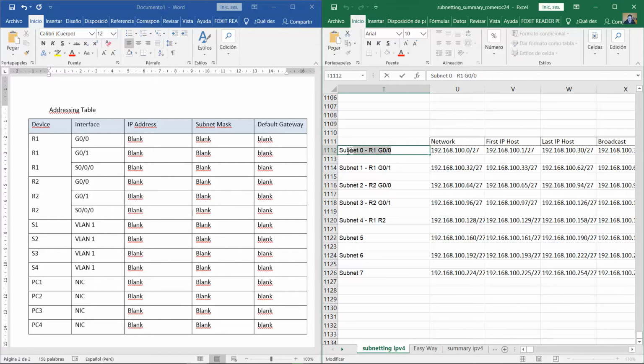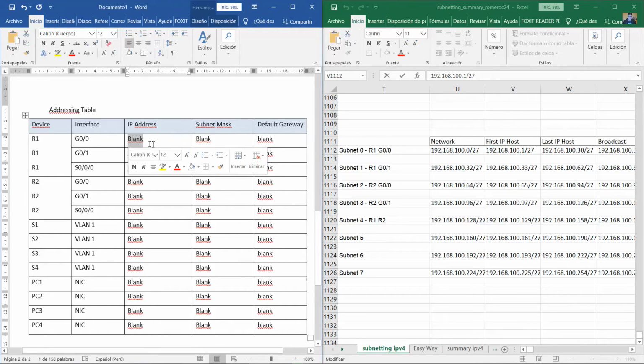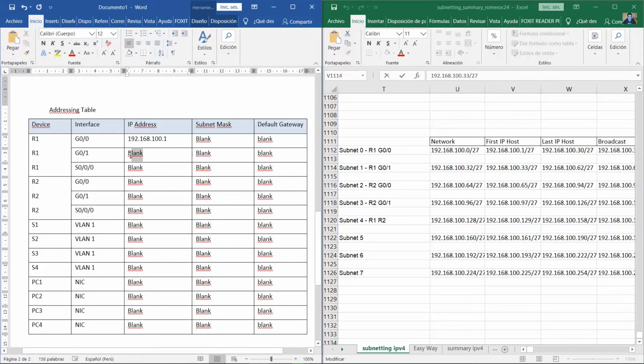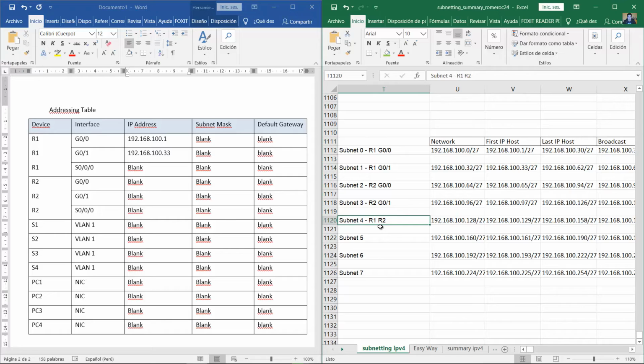Okay, for subnet 0, first IP is this, R1. Gigabit 0/1, subnet 1, this. First IP for the one link on R1, this is subnet 4, the link between R1 and R2.